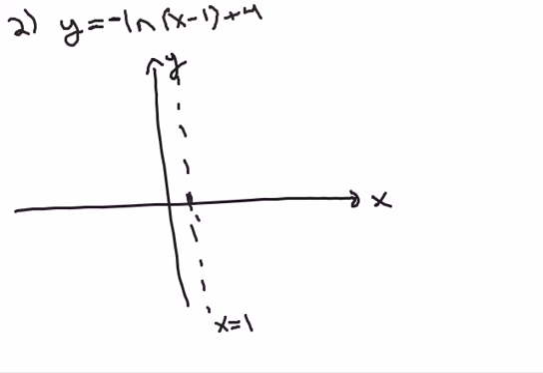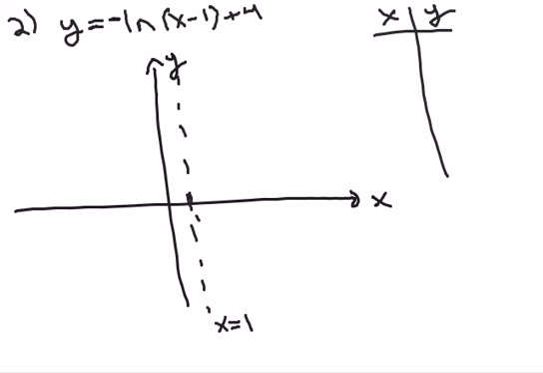And if I make a table of values here, x, y, remember that this is a logarithm with a base of e, which is approximately equal to 2.718, and it's an irrational number. It's in the same family as pi. So just keep that in mind.